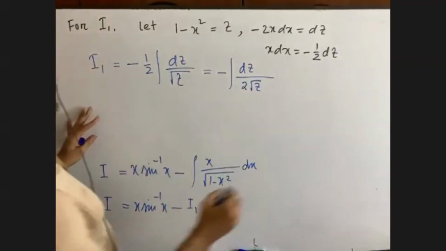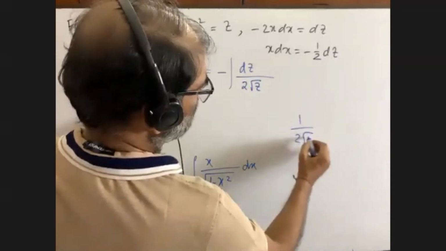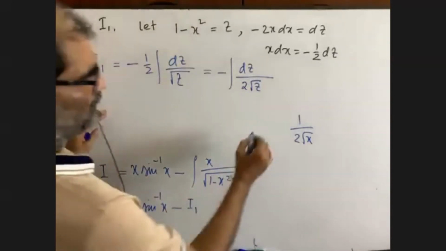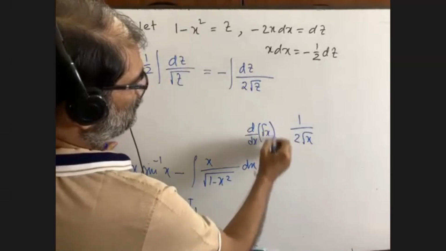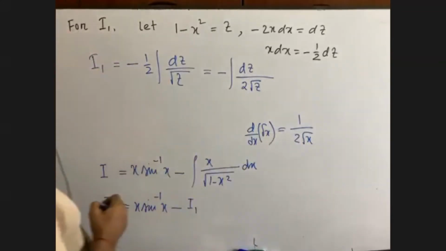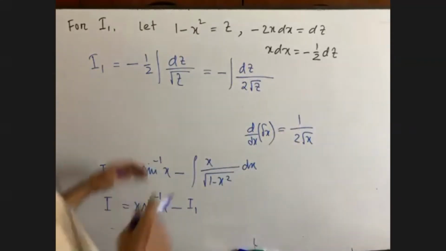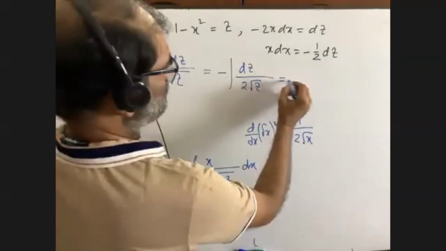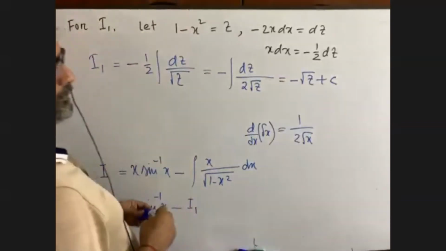Can you please let me know whose differentiation is 1 by 2 root over x? Can you remember please? I told you one day, d by dx of root x is equal to this. Talk to me. D by dx of root x equals what? 1 by 2 root x. So we can write it is minus root over z plus c.